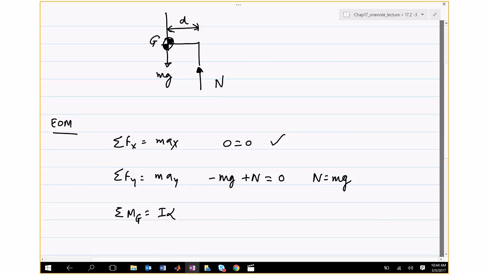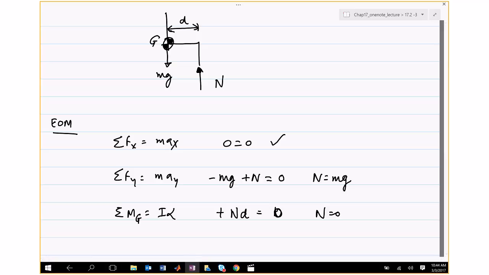The net moment is only due to N times d, because that's the horizontal distance. If you take moments about G and apply N this way, the moment is going to give you a counterclockwise motion, so this is going to be positive. Since this person is not rotating, this is 0. So this is saying that N is equal to 0, because d is not equal to 0. But the first equation is saying N equals mg. There's a contradiction.